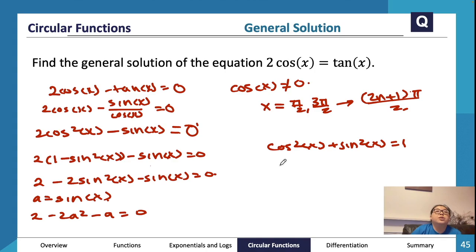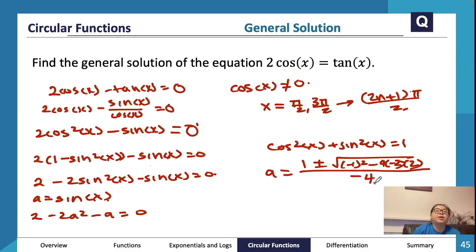And what we're going to do here is say a is now equivalent to 1 plus or minus root b squared minus 4ac, so that's negative 1 squared minus 4a, which is negative 2, c, which is just 2, over 2a, which is negative 4. Right? So we get that.